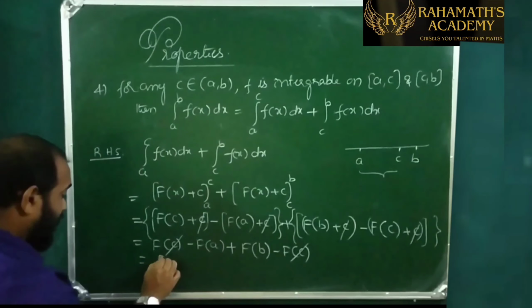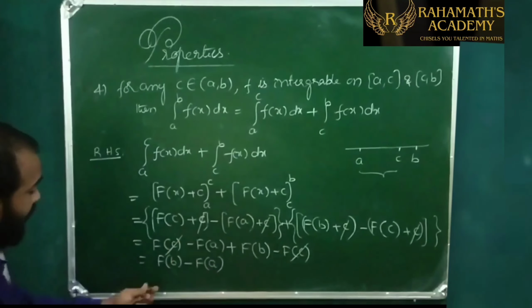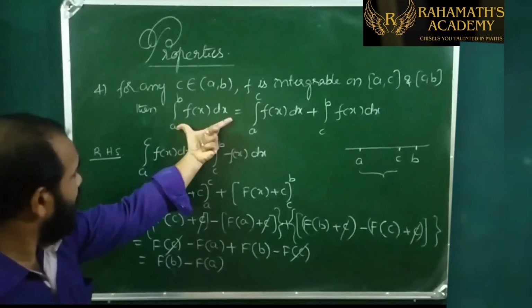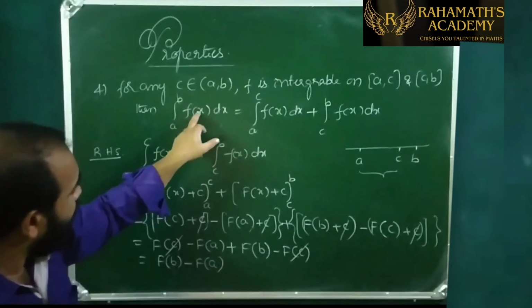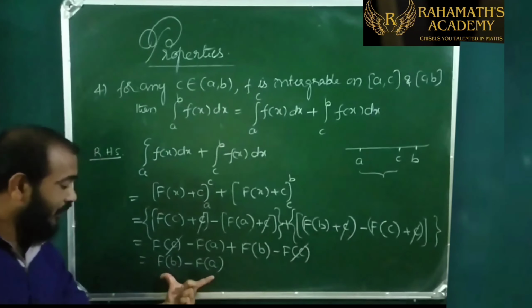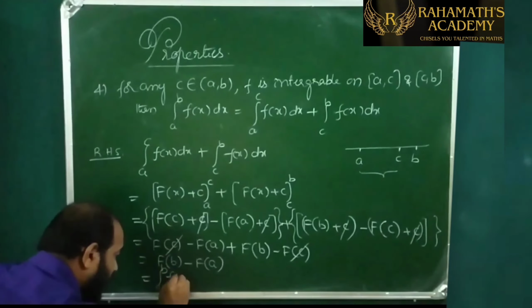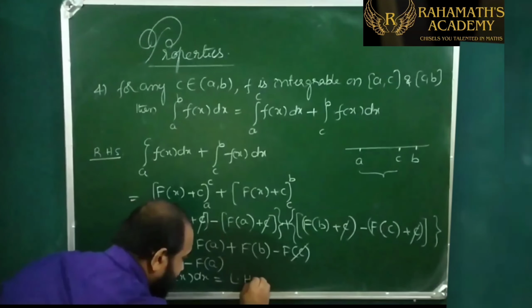We are left with F of b minus F of a. So what is this F of b minus F of a? Integral a to b f of x dx is what? Capital F of x plus c, substitute upper limit minus lower limit. This is what we are going to get. That means this is integral a to b f of x dx, and this is our LHS.